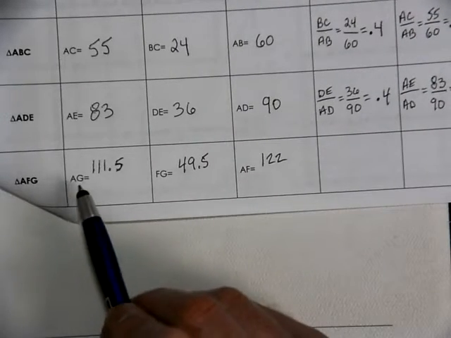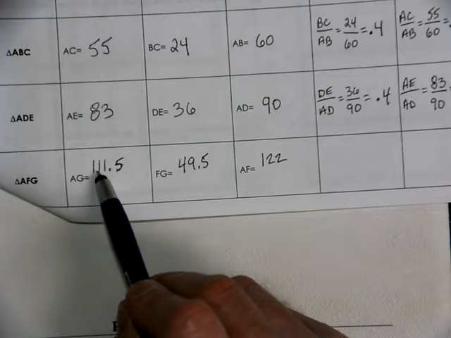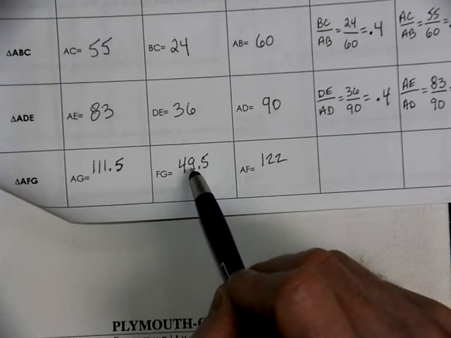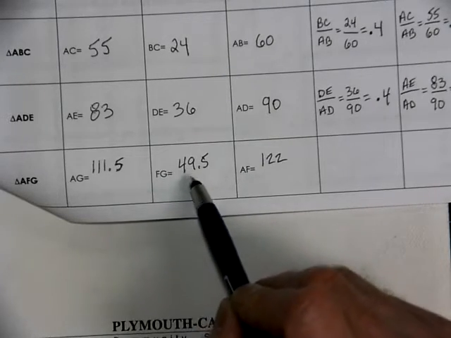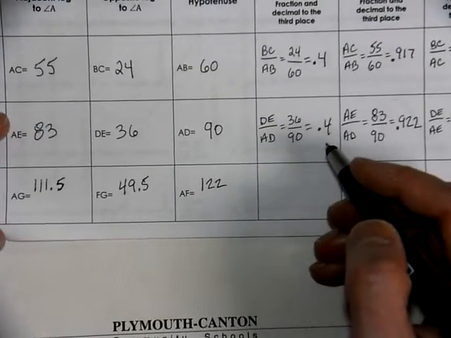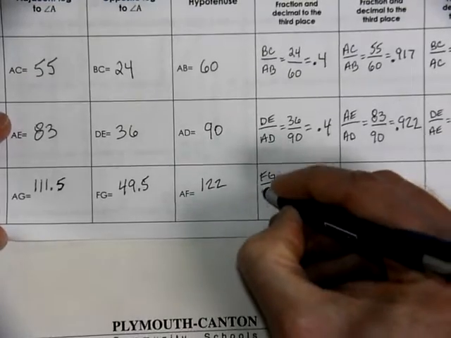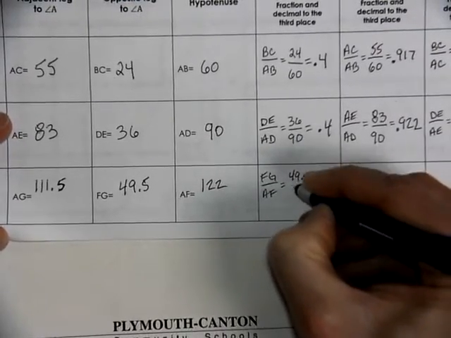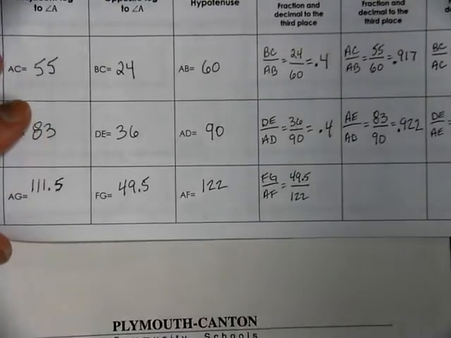So we came up with some measurements. AG was 111 or 112, so I put down 111.5. FG was between 49 and 50, so I put down 49.5. AF was 122. So if we look at the opposite side, FG, and the hypotenuse, AF, FG was 49.5. AF was 122.